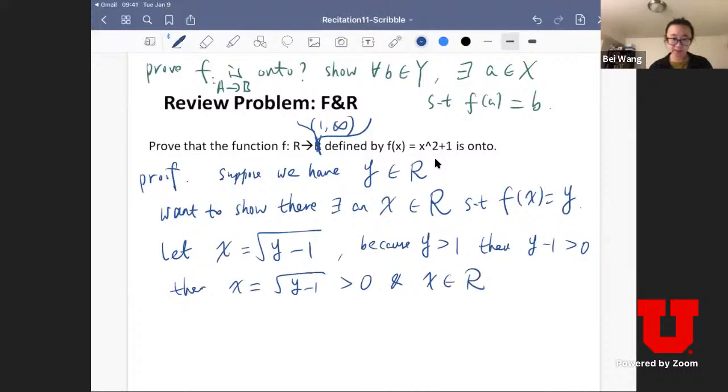This means if x is in the form of the square root of y minus 1, what do we have? We have f of x is equal to the square of the square root of y minus 1, plus 1, which is equal to y.